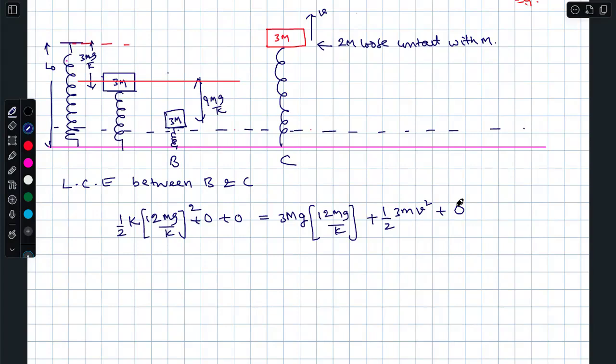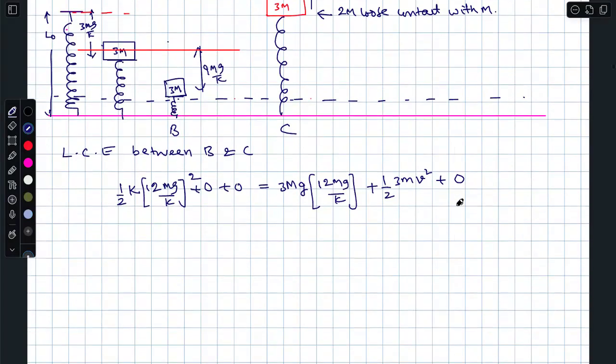Now, what is happening over here? In this case, v square.